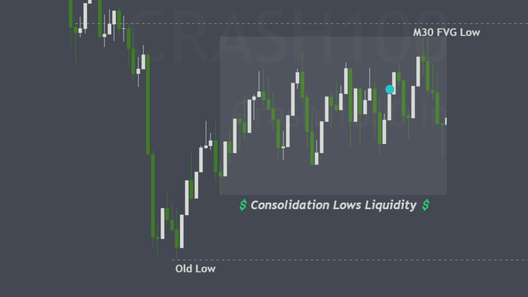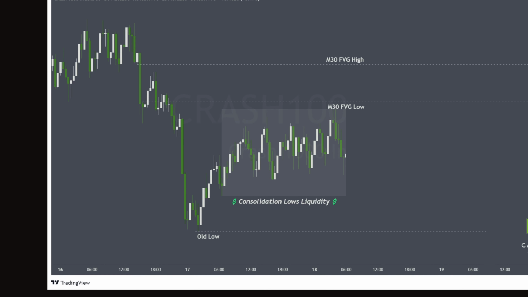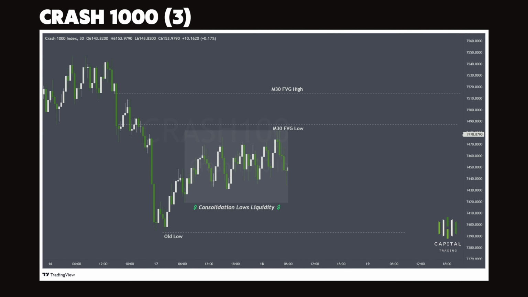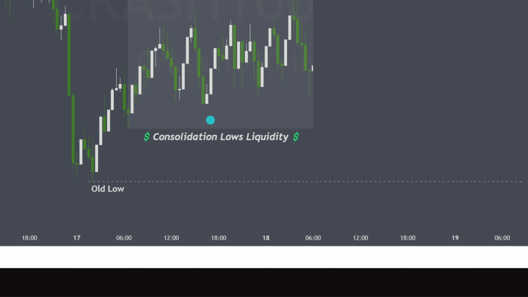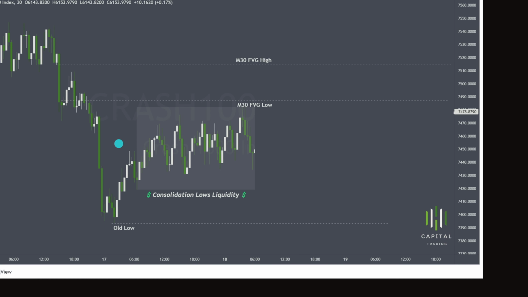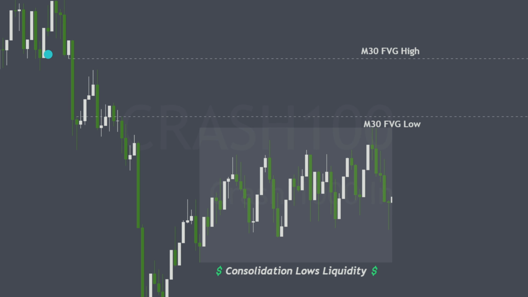So that's what kept price in this range. What we want to see is, will they reach into this consolidation lows liquidity, also this old low liquidity, and maybe try to fill up this fair value gap once more, because earlier they had visited it and then dropped.